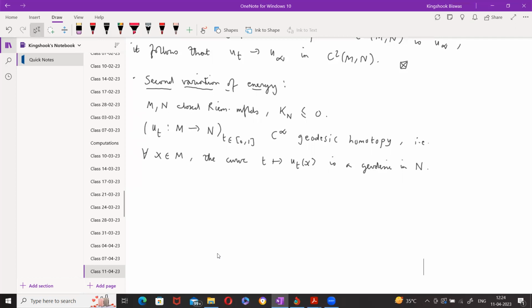We took a geodesic homotopy between u capital T and u infinity. So in general, let's just consider a given geodesic homotopy of maps. Then we want to compute the second derivative of the energy for this geodesic homotopy.